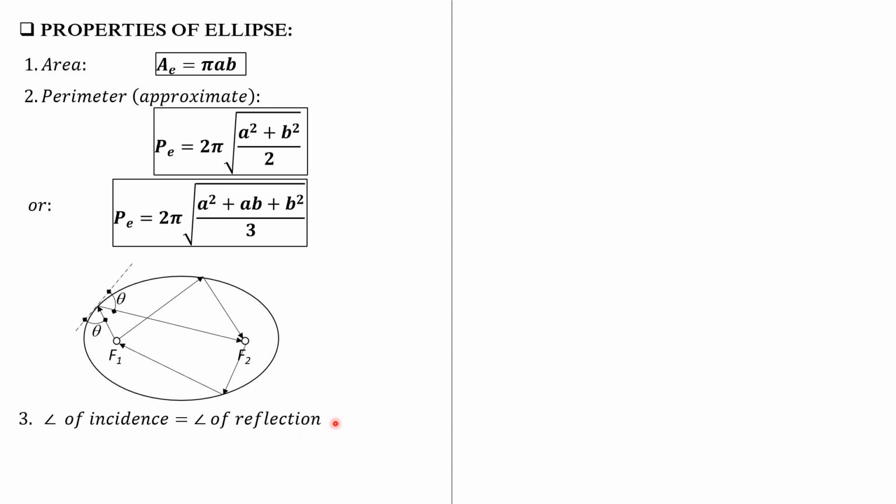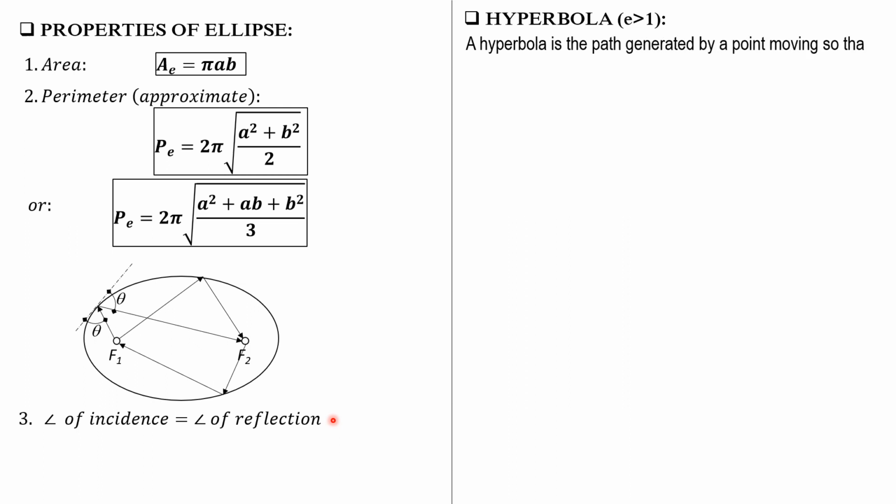We then proceed to the next conic, which is a hyperbola, and a hyperbola has an eccentricity greater than 1. We define a hyperbola as the path generated by a point moving so that the difference of its focal distances is constant and is equal to the length of the transverse axis 2a.